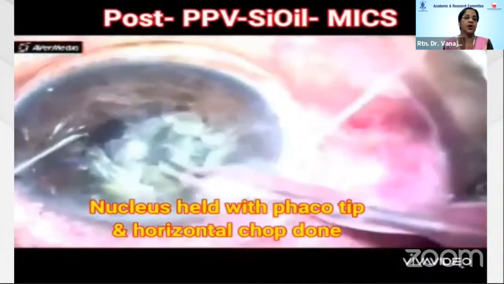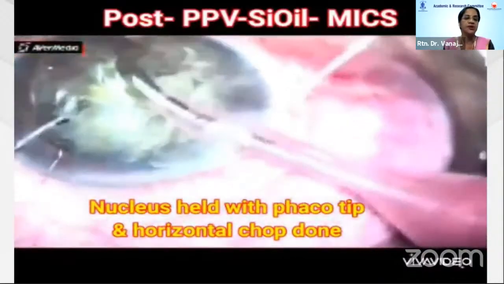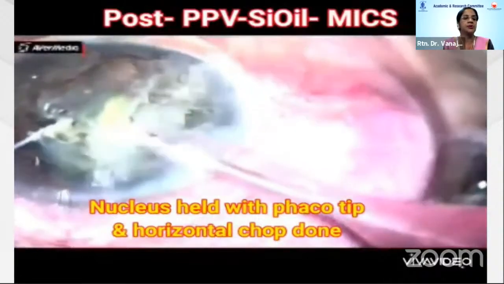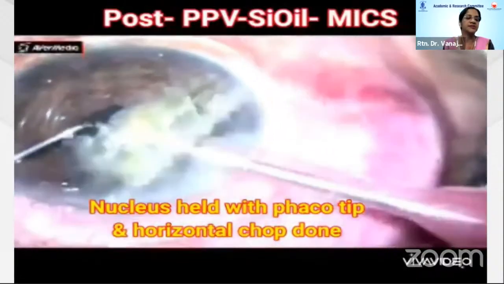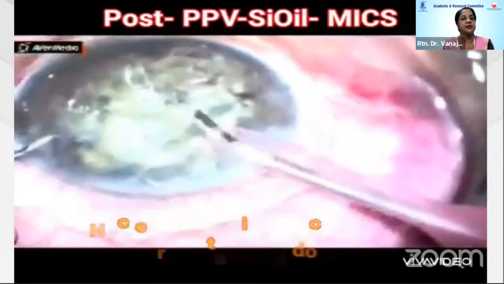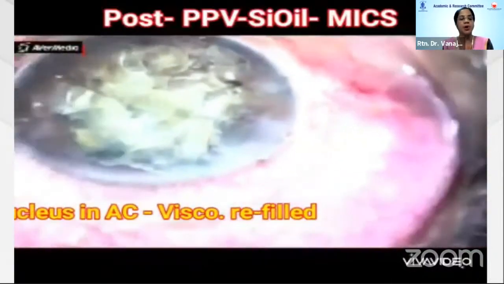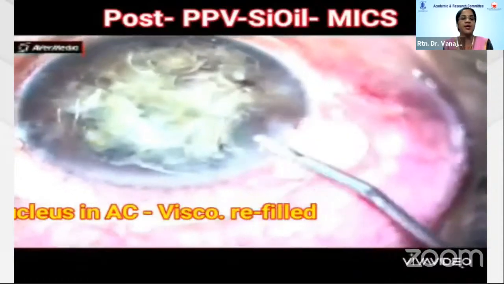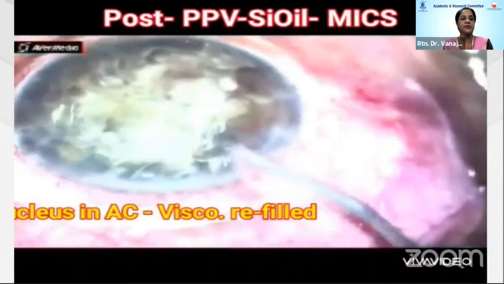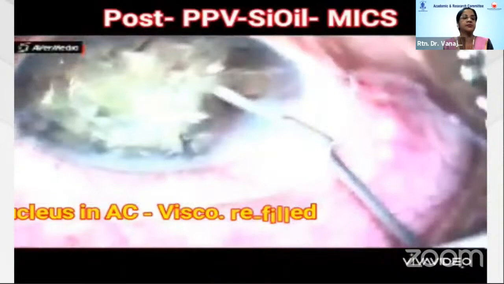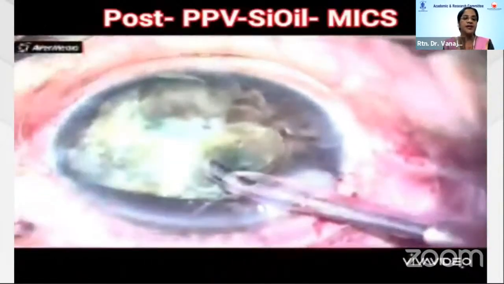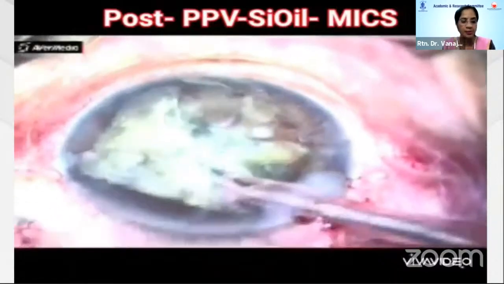Since the nucleus was almost in the anterior chamber, I'm very careful to eat up the pieces as I engage them. I come out, put in some more dispersive viscoelastic, make the chamber deeper, and then proceed.